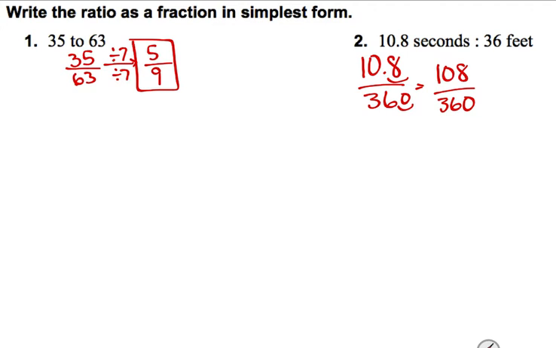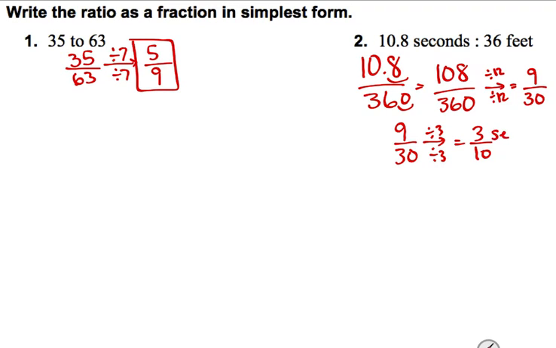Now we can reduce this if we divide both top and bottom by 12. This gives us 9 out of 30, which can be reduced further if we divide top and bottom by 3. This gives us 3/10. So this ratio is 3 seconds for every 10 feet.